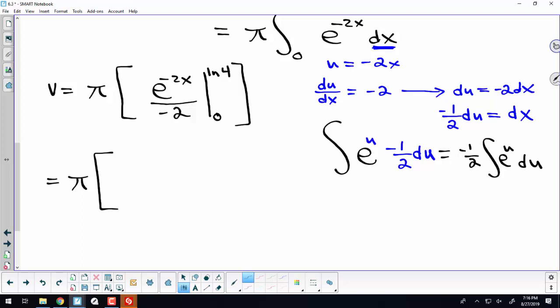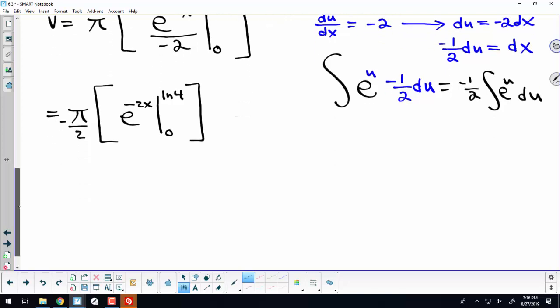That negative 2 is just another constant, so I'm going to pull that out and say it's negative pi over 2, and just evaluate the e to the negative 2x from 0 to ln4. If you want to keep that constant of negative 2 in both of your computations, that's totally up to you, but I think it leaves more room to mess up. It really is just a matter of preference, though.